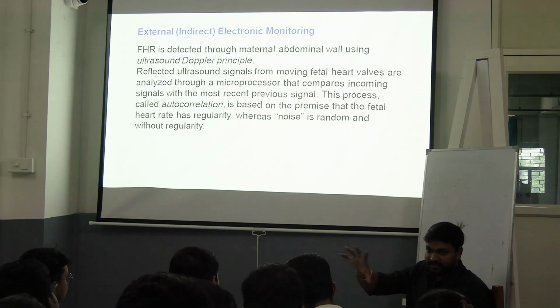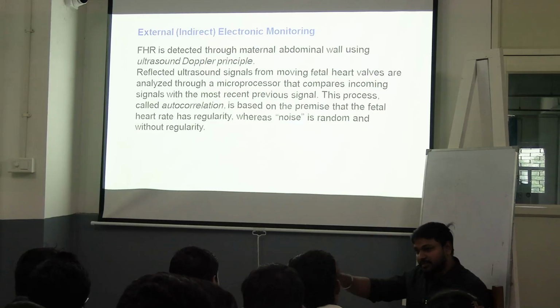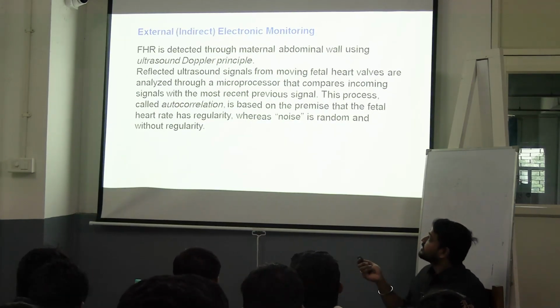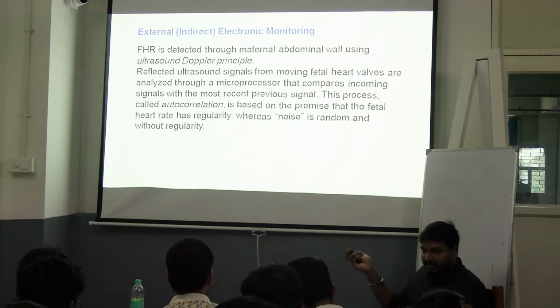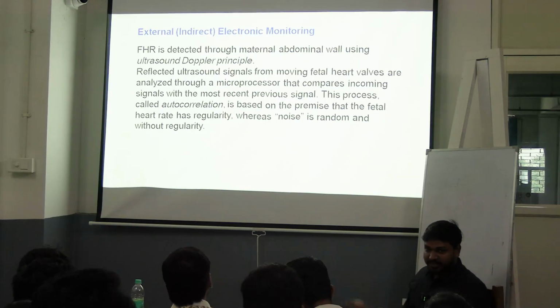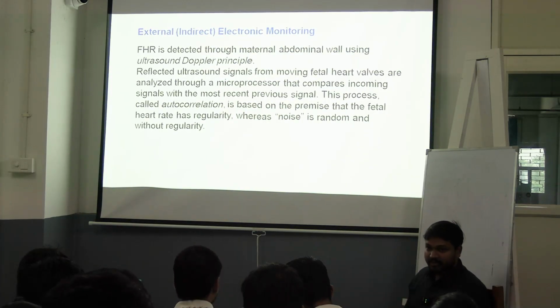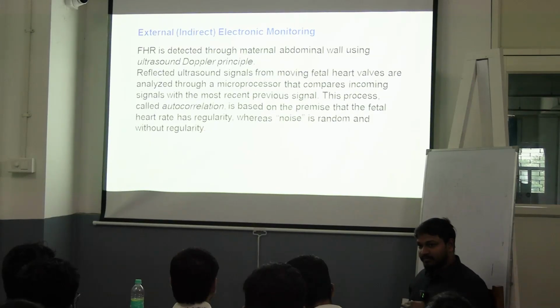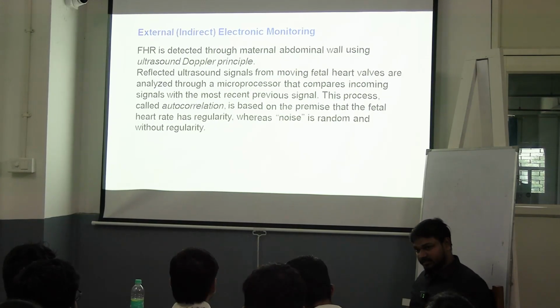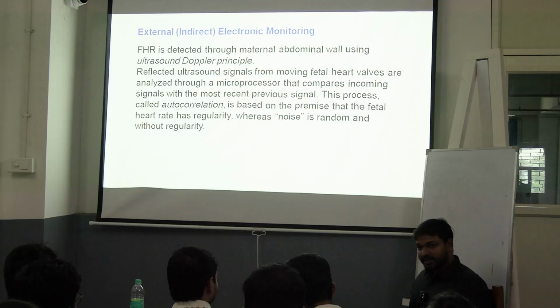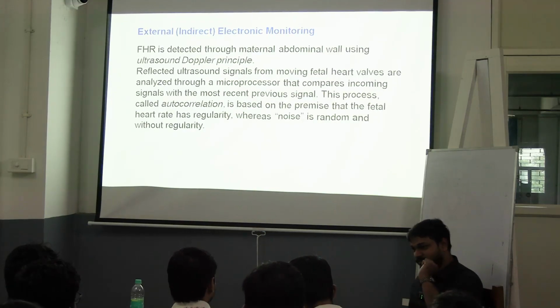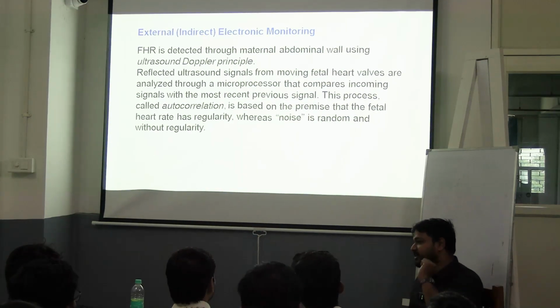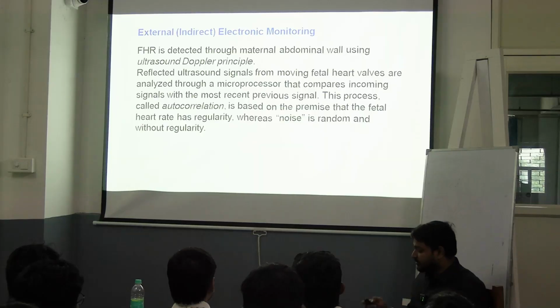That reflected image is gathered and interpreted. Same way in indirect monitoring, the traditional CTG we use has indirect monitoring only. We have a tocometer, cardiotocometer, that we place on the maternal abdomen, fundus. We will attach it on the abdomen. That will receive; it will hit the uterus and receive back the signals and interpret.